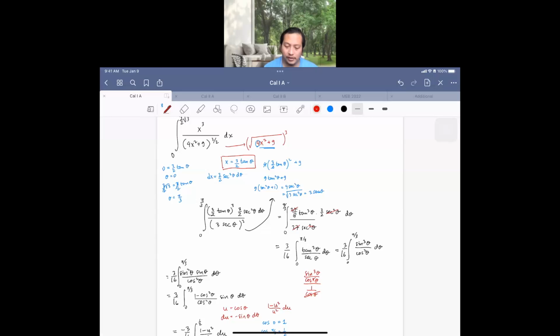I'm not sure, if you get this question, how much time you will need to solve this and get the direct answer. I think more than 10 minutes, right? Should be more than 10 minutes. Do you think so?